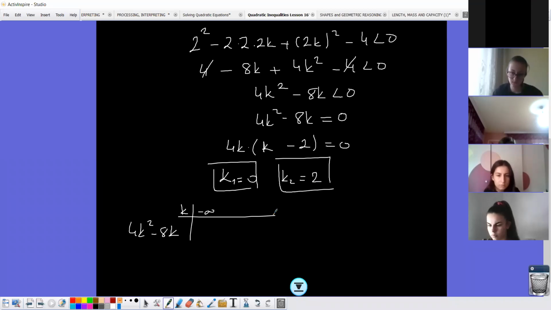Which one will be first? 0, then 2, then plus infinity. So these dots here, Elsa, will be filled or empty? Empty.